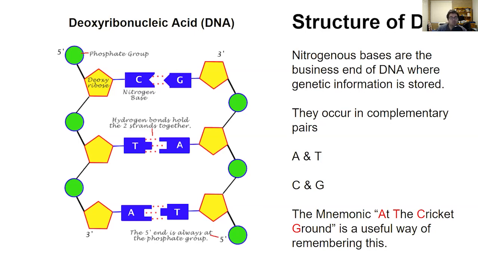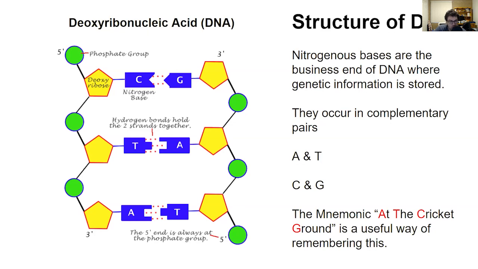Now, the dashed red lines represent what's called a hydrogen bond between those nucleotides. Now, a hydrogen bond is a temporary attraction between covalent bonds. Typically they occur with bonds that are between oxygen and hydrogen, or fluorine and hydrogen, or nitrogen and hydrogen.